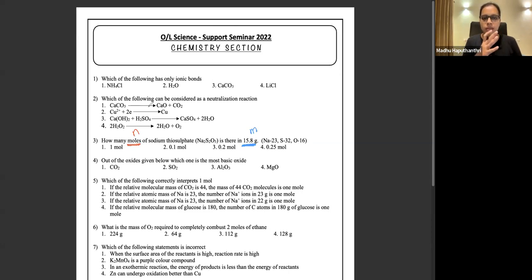So the simplest equation connecting n and m is n equals m over capital M. Through this relationship, understand, listen to me very carefully: if you know the number of moles of someone, you can definitely find the mass.